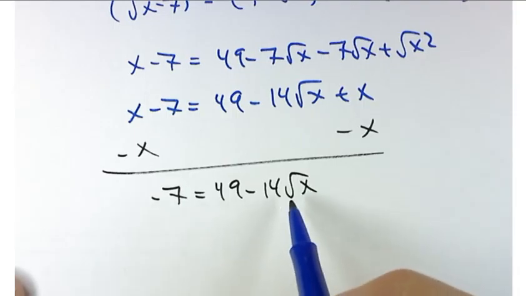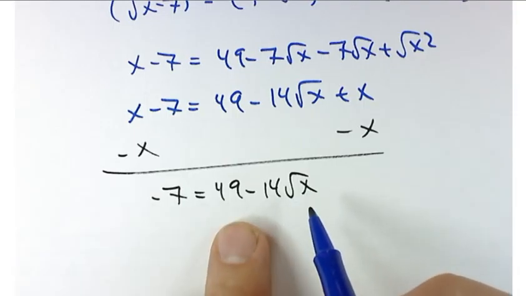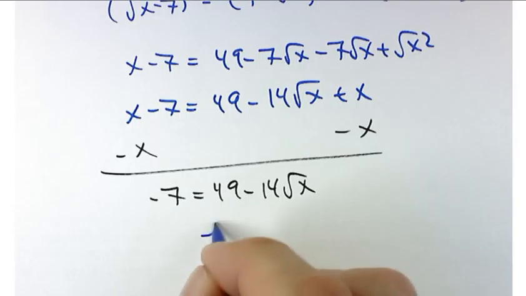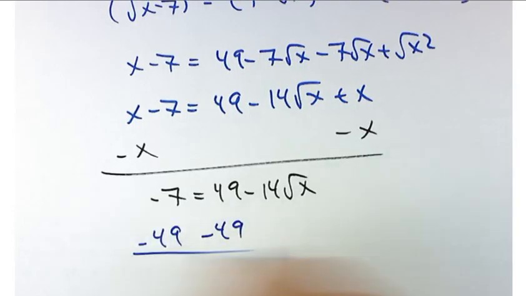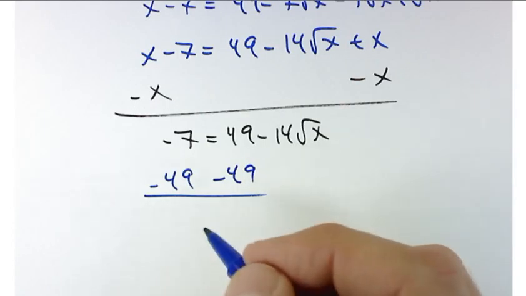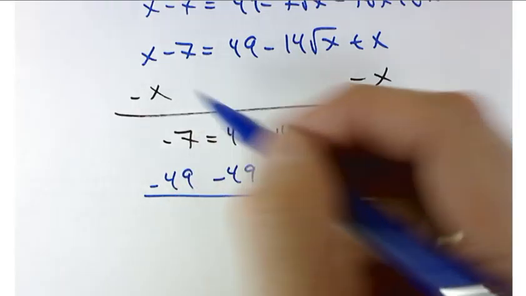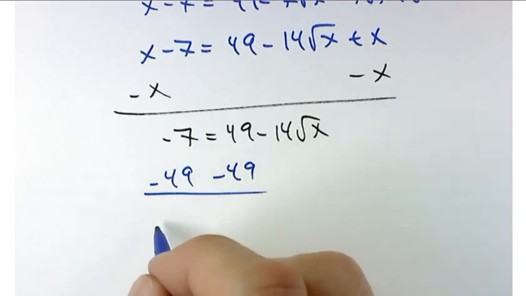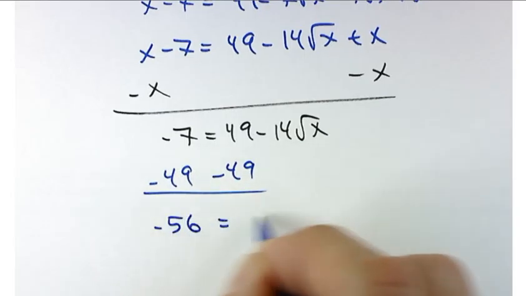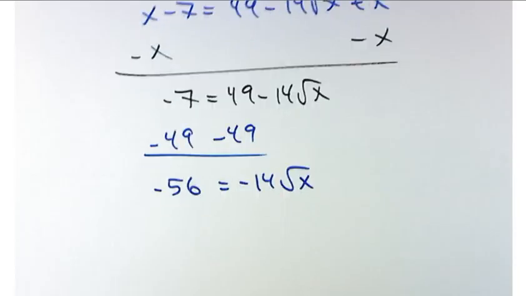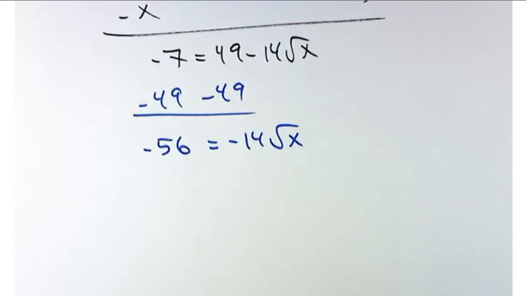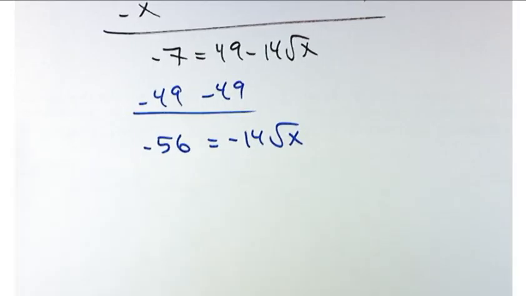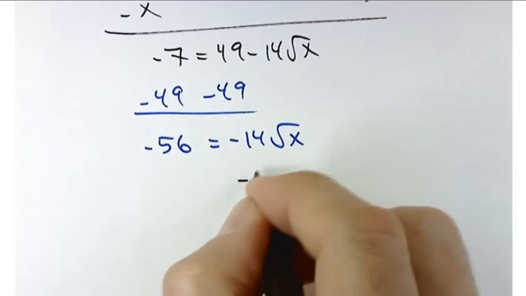Let me keep working with this. I'll subtract 49 from both sides because I want to get the square root of x term by itself. Is that a minus 7? Yeah, okay. So I'll get negative 56 equals negative 14 square roots of x. Then divide both sides by negative 14.